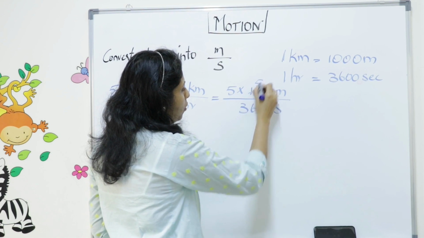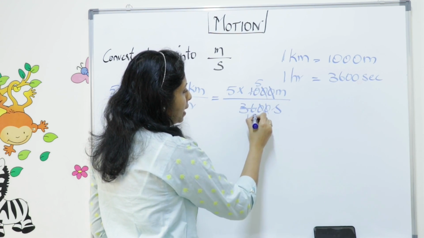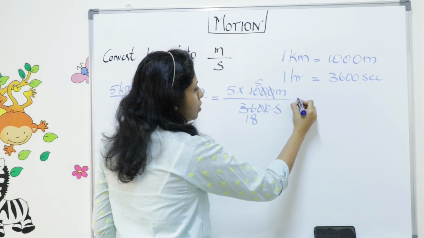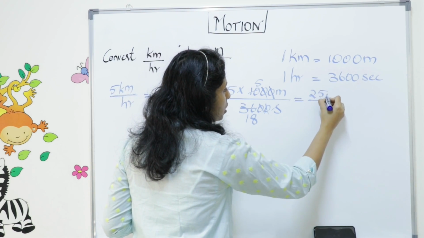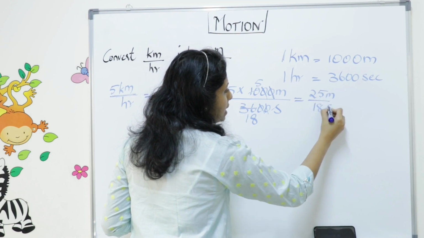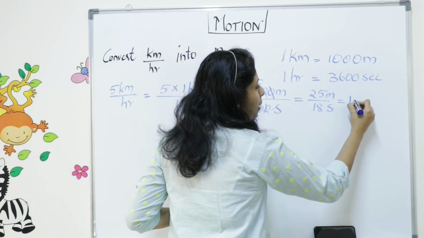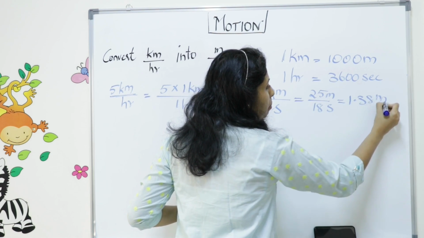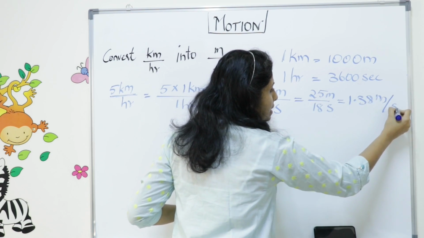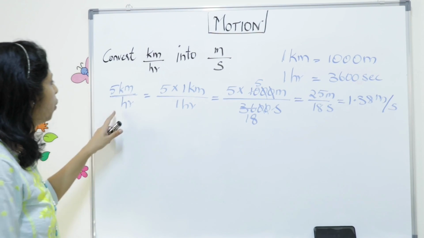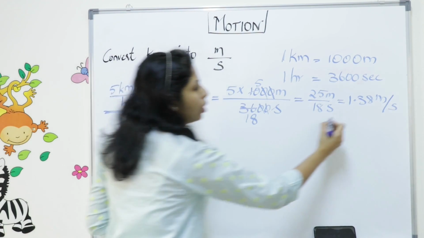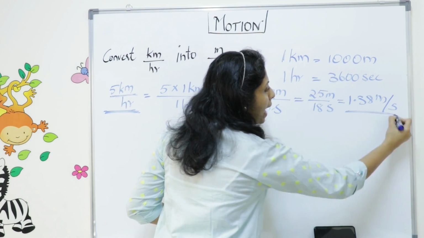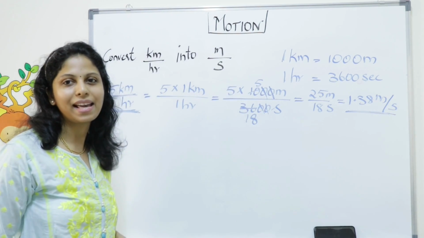Now you will get 5 by 18. So you get 25 meters by 18 seconds, 1.38 meters per second. So 5 kilometers per hour is nothing but 1.38 meters per second.